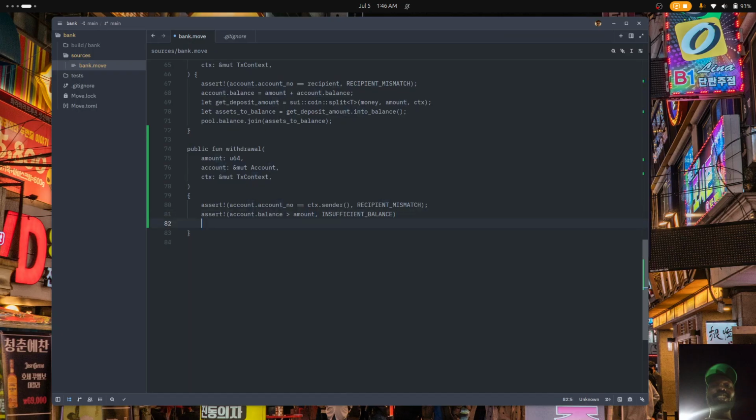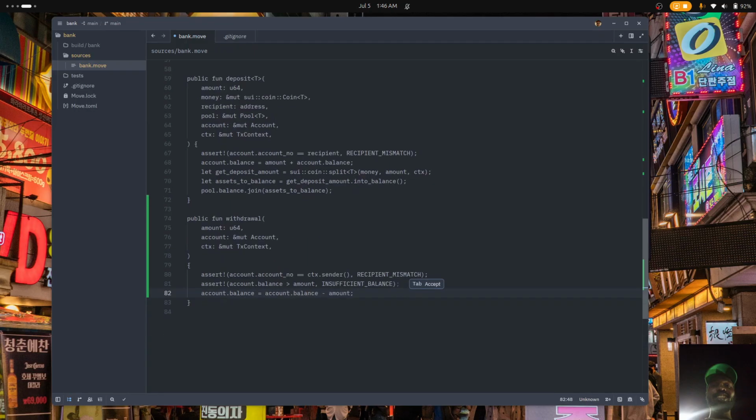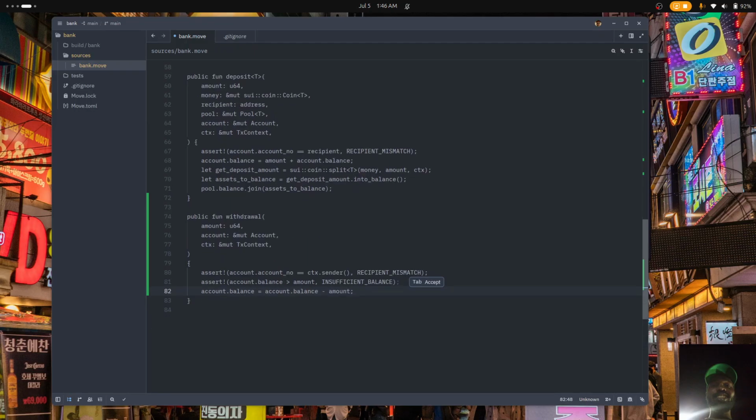So the first thing I want to do is to reduce the balance. Yeah, we want to reduce it, right? Then after making that reduction, we want to move that coin from the pool.